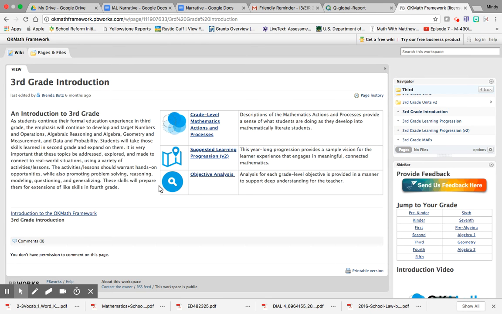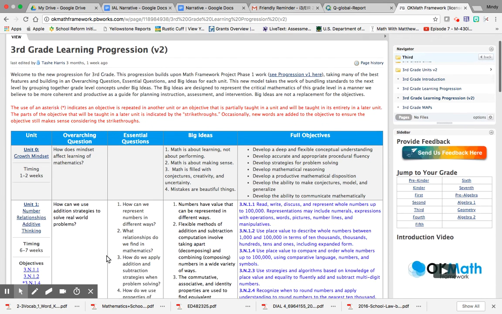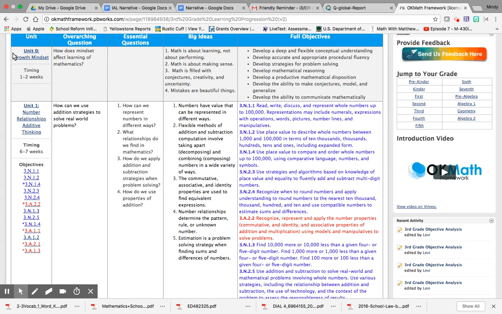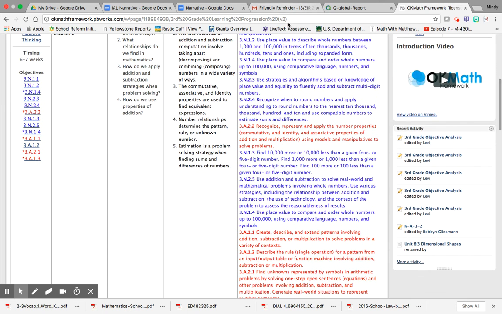So third grade. What they have in math is a suggested learning progression. So it tells you your units, how much time you should spend on each unit, the objectives you'll teach within that unit, because these can be bundled. We can bundle objectives. So here are those objectives listed.